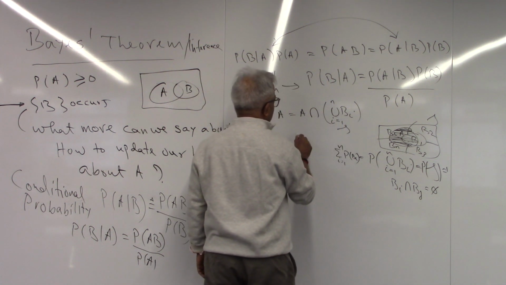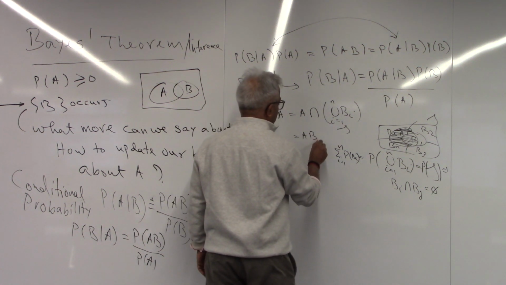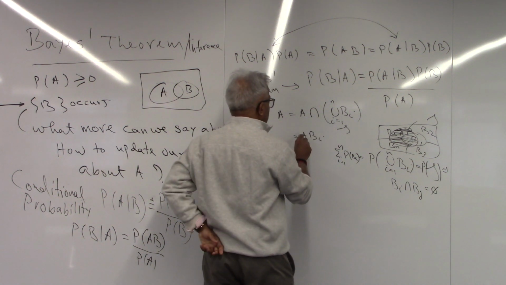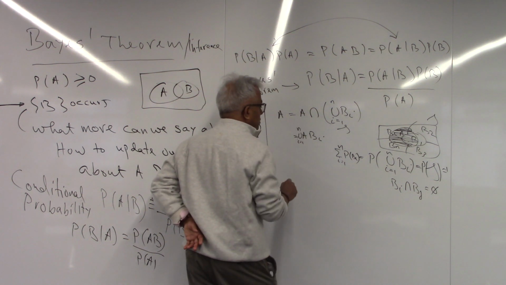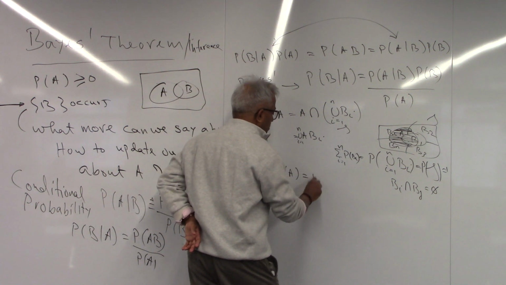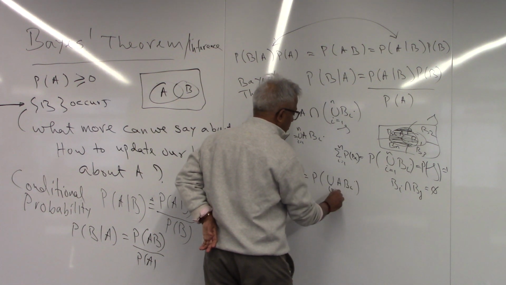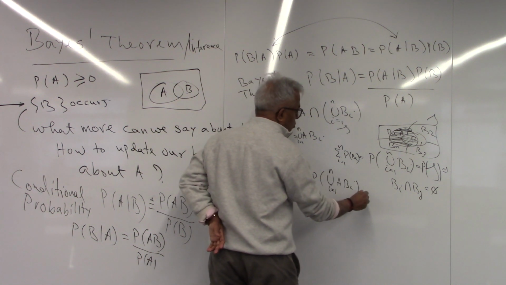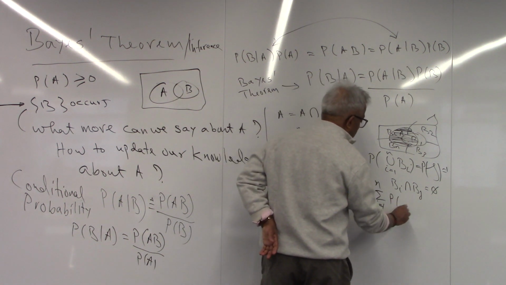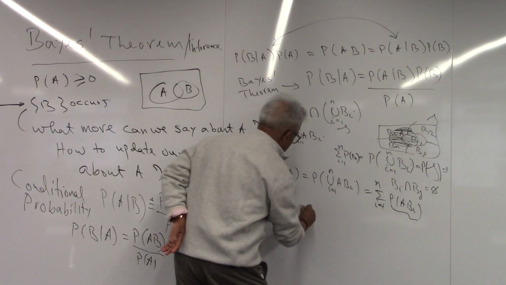So we can rewrite this as A∩Bi. If you do the distributive law, this is the union over i equal to 1 through n. Consequently, the probability of A is the probability of the union of A∩Bi, i equal to 1 through n. But these are all mutually exclusive sets, so that's the sum of the probabilities, i equal to 1 through n, of P(A∩Bi). But this one we can again rewrite using the conditional probability.